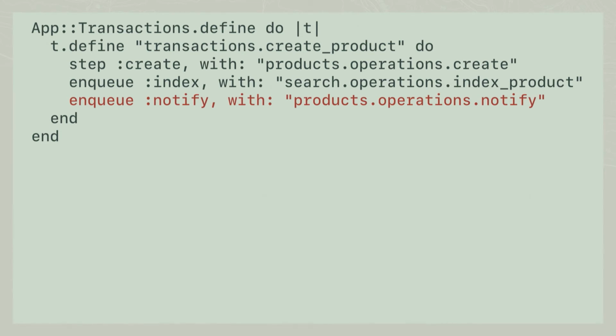Any of these steps in the transaction can fail and stop the processing. But because all our operations return either a right or a left, the whole transaction returns either a right or a left. So we can replace the operation in our route with this transaction, and the success or failure is handled in exactly the same way.